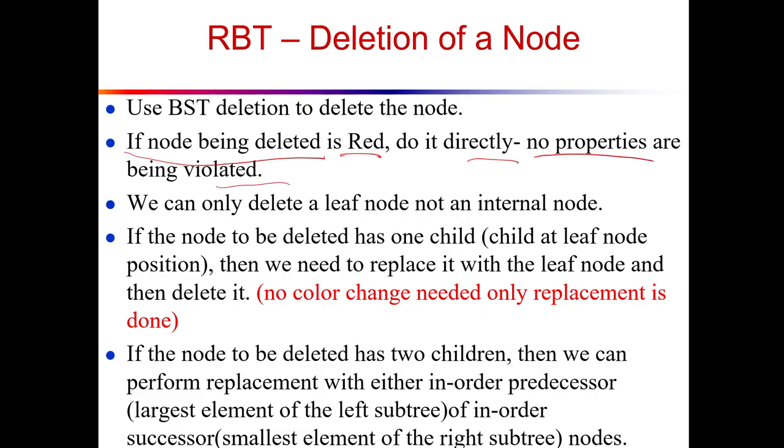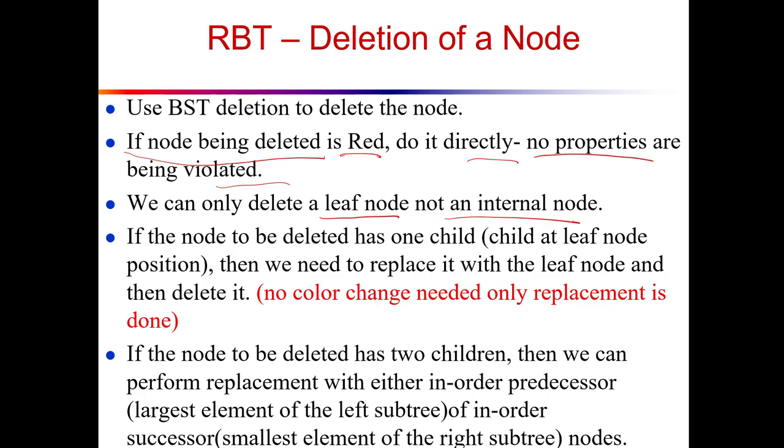Secondly, we need to take care that we will be able to delete only a leaf node, not an internal node. So in case we need to delete an internal node, we need to take care of certain manipulations or replacements, which we'll see in subsequent slides.